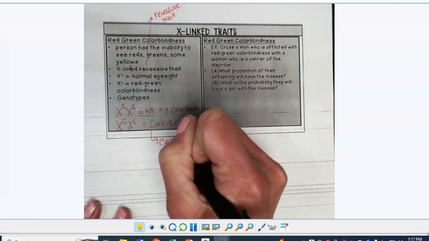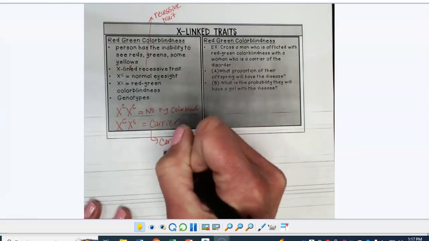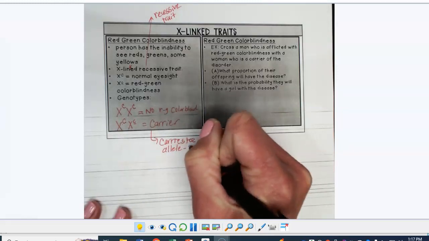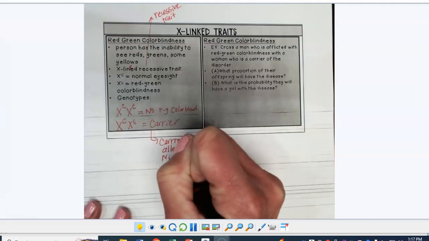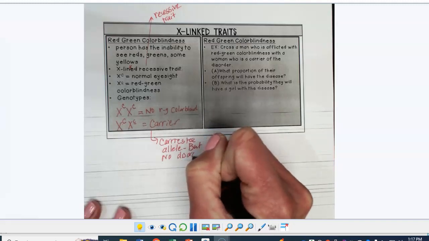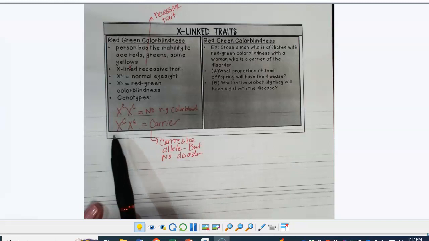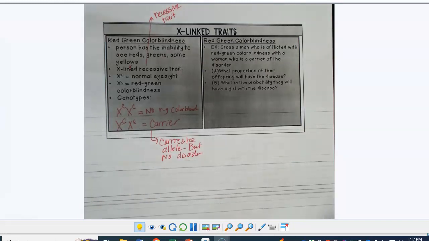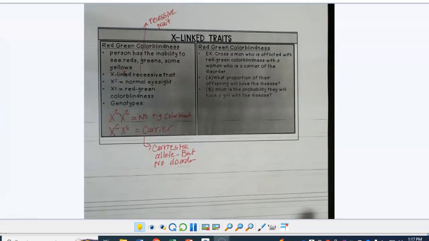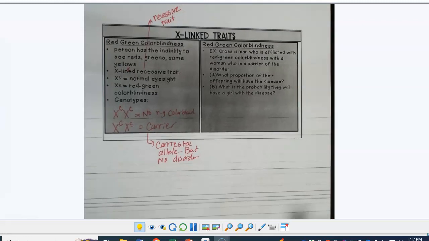She carries the allele, but no disorder. So that means she carries the gene for red-green color blindness, but she does not have red-green color blindness. If you really were to ask around, the highest probability of people having red-green color blindness is going to be males.